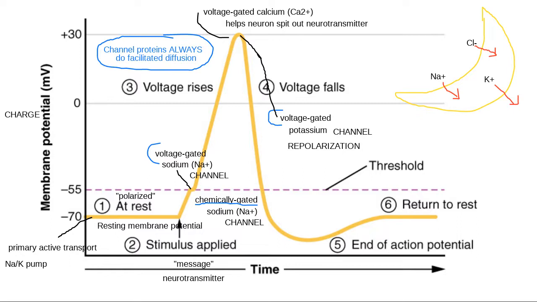So all of these kinds of gates that we're talking about, the gates don't make these proteins carriers. The gates just mean I put a barrier in front of my tube. When I move that barrier out of the way, stuff just goes straight through the tube. So all of these gated proteins are channel proteins.